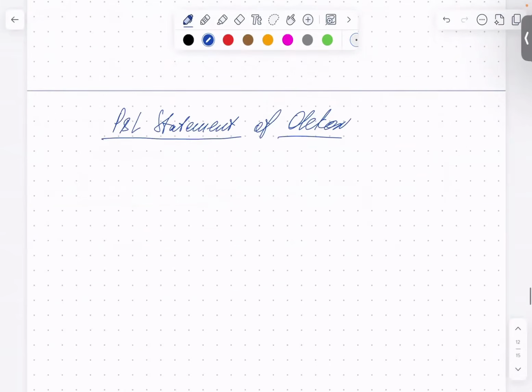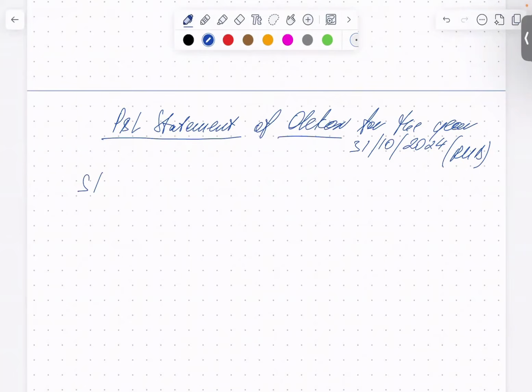So we are compiling profit and loss statement for the year, which has ended on the 31st of October 2024. And all amounts are in rubles. So please state the currency. And profit and loss statement should start with sales or revenue.